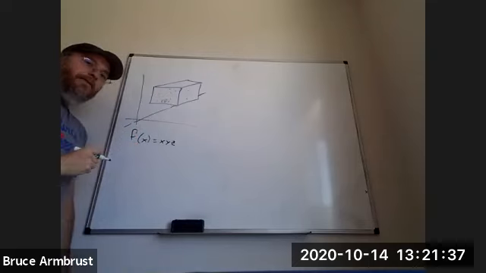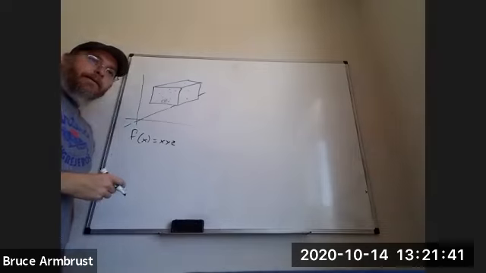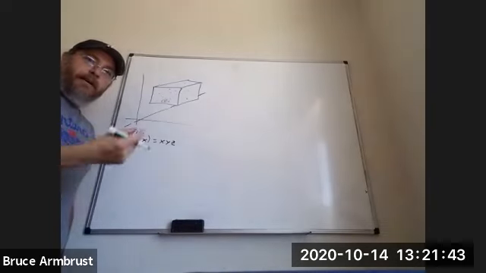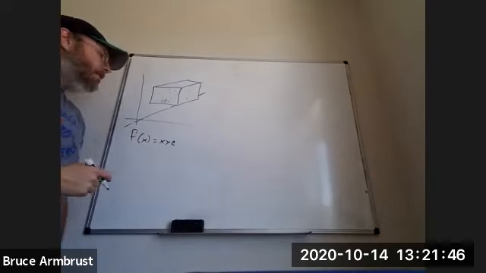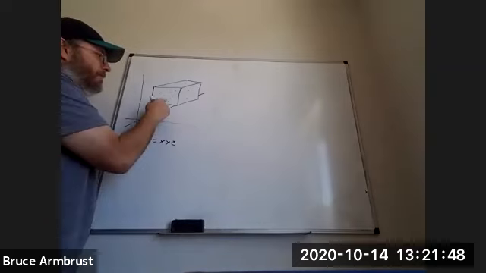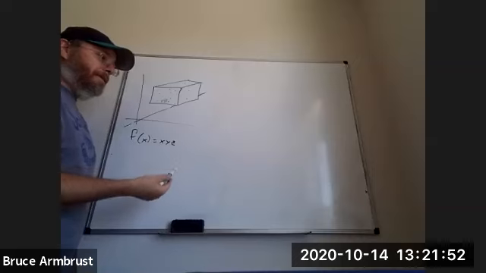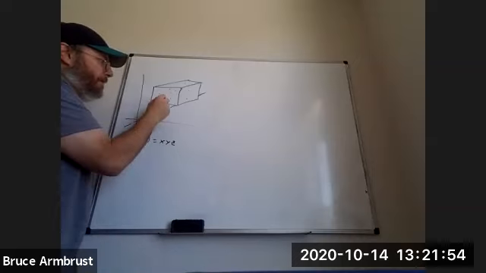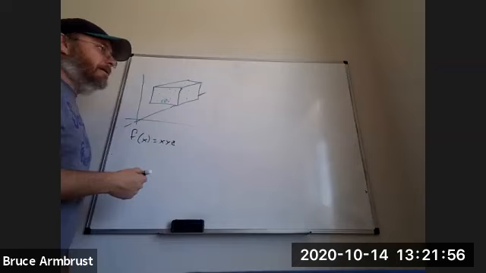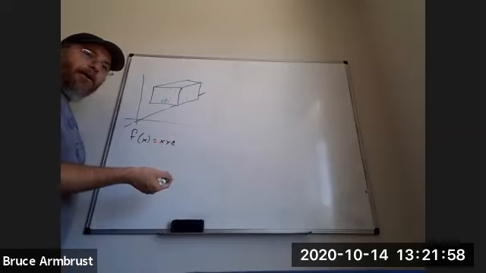The volume of each one of those is going to be a dx times dy times dz, because that's the volume of a box, right? Length times width times height. So basically what we're doing, like we've always done, is we're taking the function and multiplying it by the volume of that box. Then we're adding them all up.